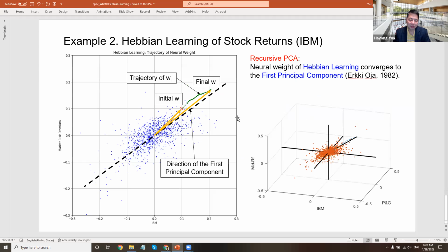You can also try it with other things, not just random numbers, for example in two dimensions IBM stock versus the market risk premium, so the Standard & Poor's return minus the Treasury bill. Here's a cloud of that, and the principal component direction is here. Starting from here, if you simulate, it will just approach this.